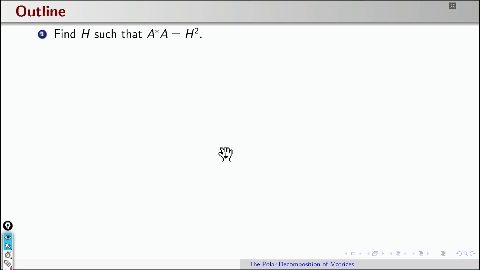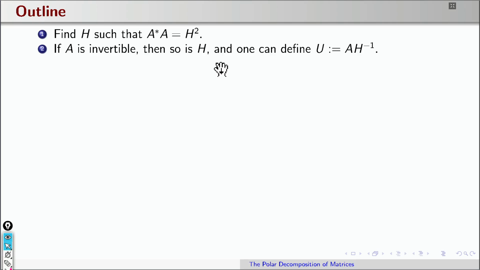The proof goes in 2 or 3 steps. First, we define H, and second, we define U. H is characterized by this condition, and then we have to separate in 2 cases. If A is invertible, then U will be completely fixed.